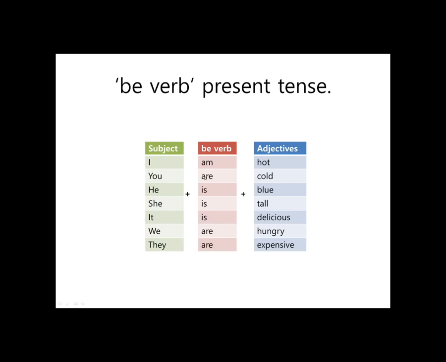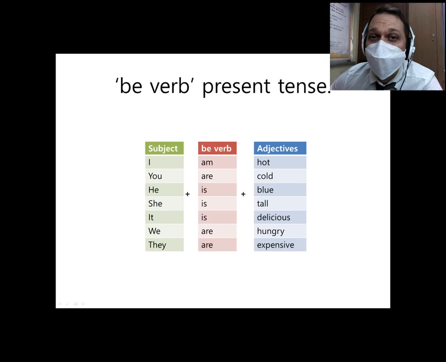They are expensive. Okay, so have a look at this table and try to remember how to match the subject with the be verb. This is difficult, but it will get easier over time. Okay, so don't worry.